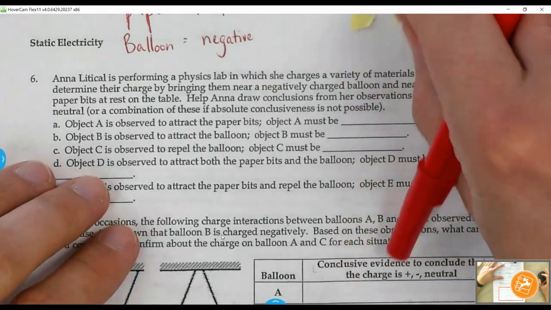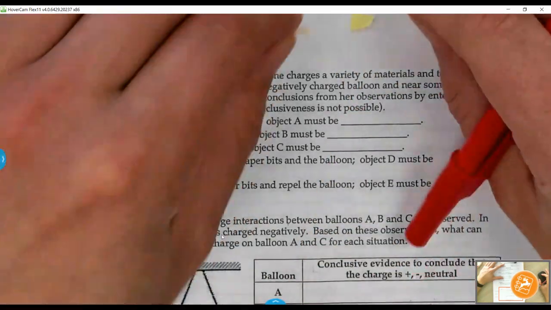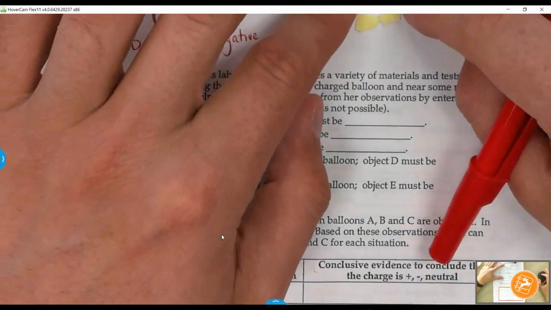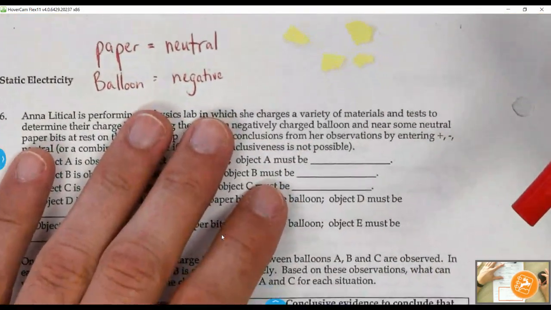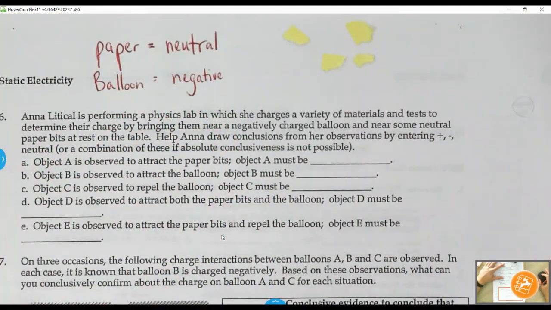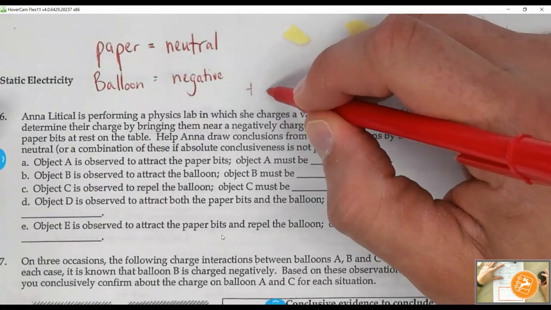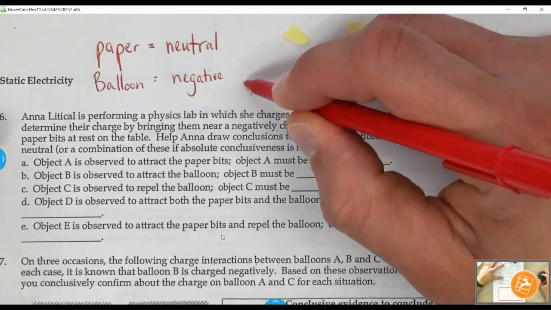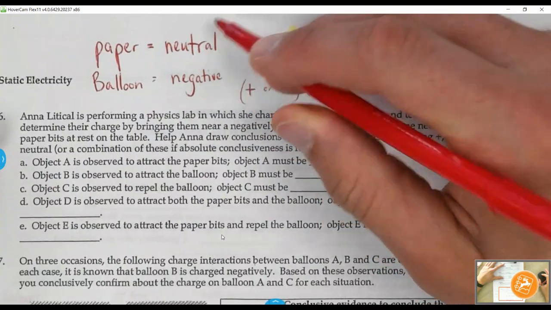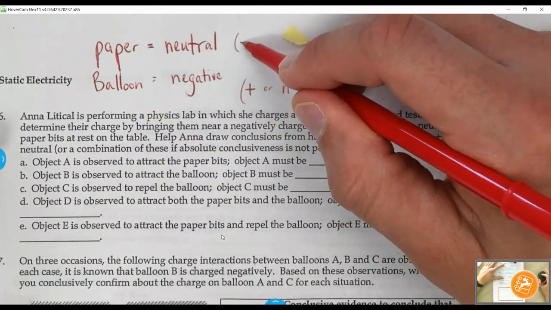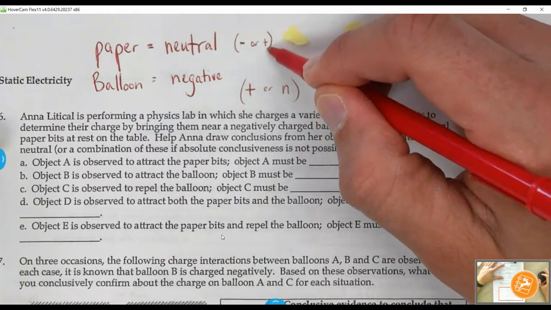So these things are neutral. What can neutral be attracted to? Either or. What can negative be attracted to? Positive or neutral. So these can be positive or neutral, and paper can be attracted to either negative or positive.